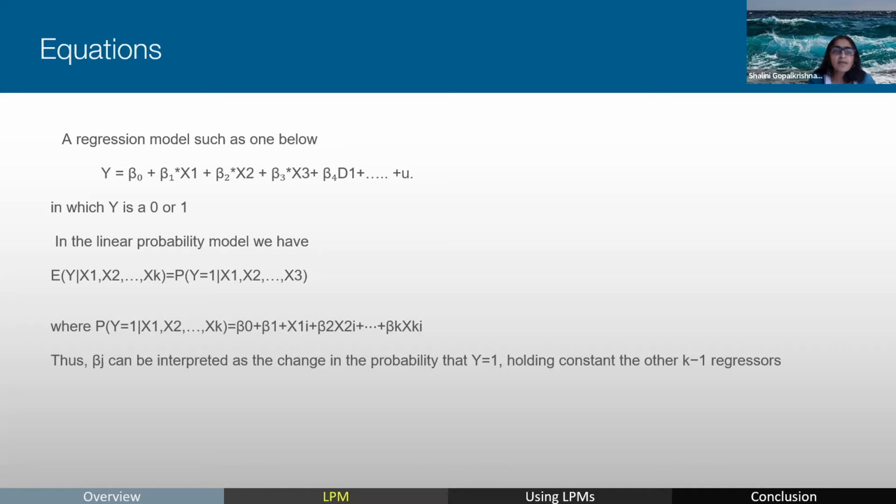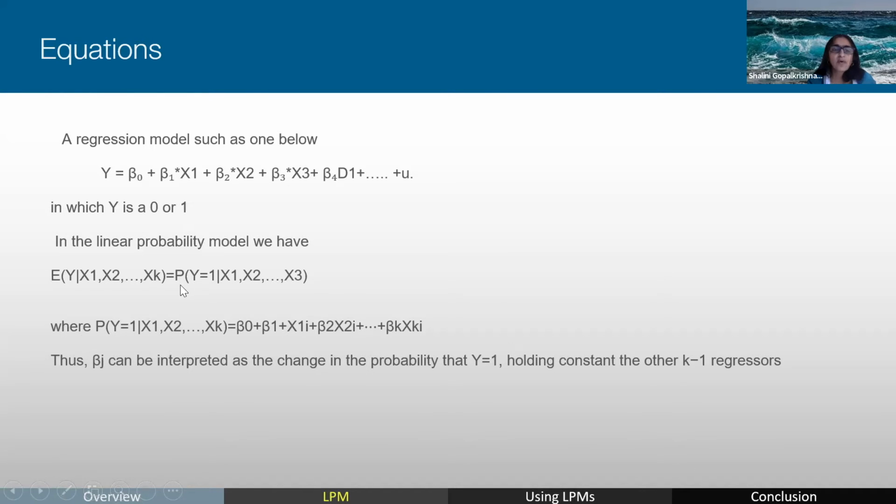So in the LPM, when you learned about expectations, it's basically the expectation of Y given all these, which is nothing but the probability that Y is 1 given all this, right? So not when Y is 0. That's what the linear probability models will do.